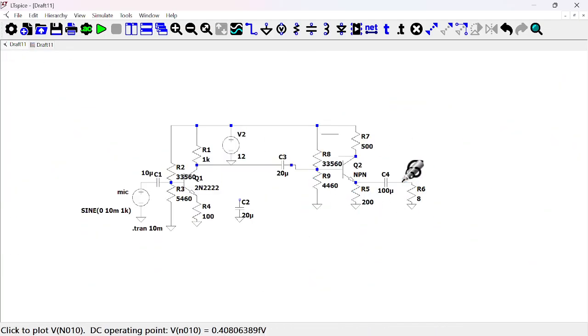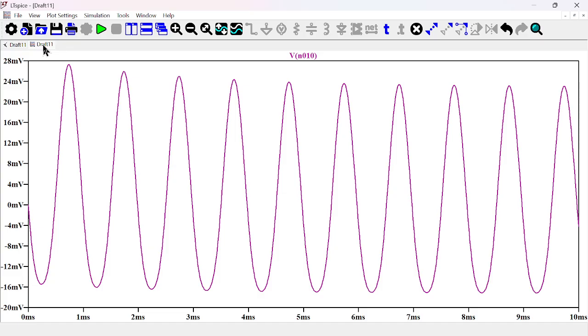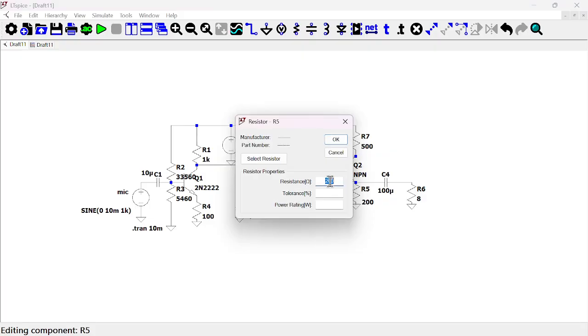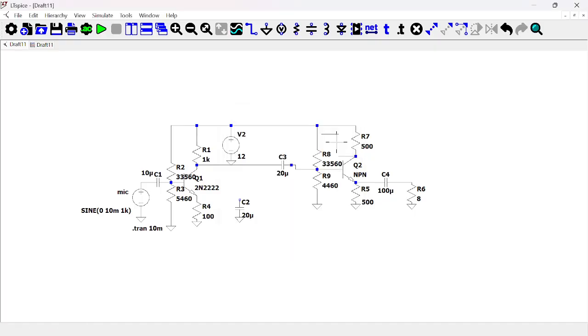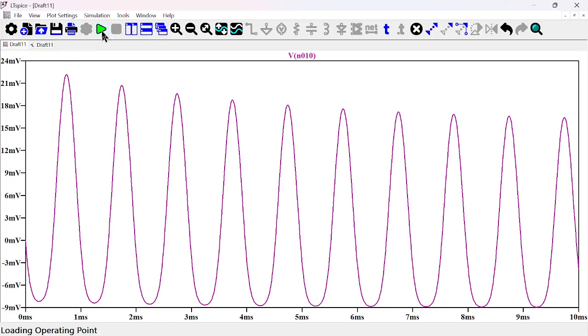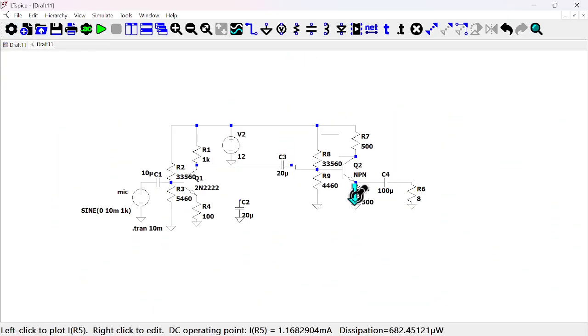So if I want some more gain, now from theory, if the value of RE is big enough, make this 500, then I'm expecting some gain, but I think I overdid it, so I'll slightly reduce it to 300 and see.